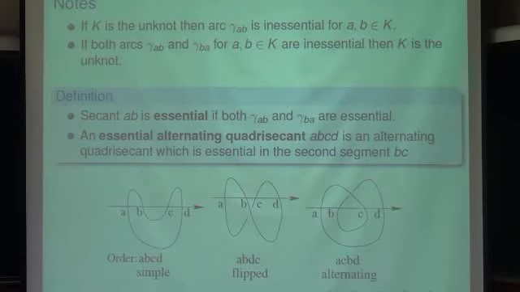And they're not going to do that in the limit. So I just need this segment here to be essential. And if I want to have essential flipped, I'd want CD and AB to be essential. And if I wanted to have simple, I'd want AB, BC, and CD to be essential as well.